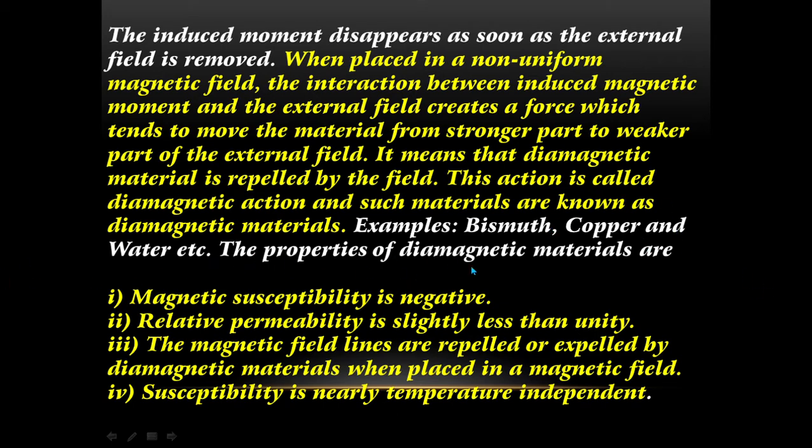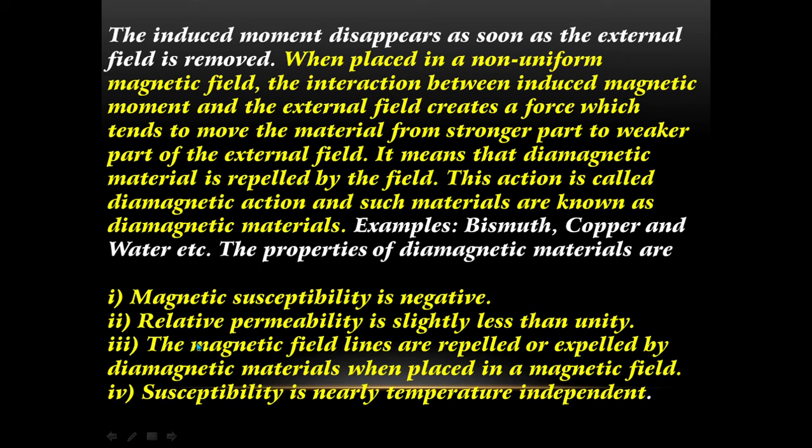What are the properties of diamagnetic materials? First property, magnetic susceptibility is negative. So note down these 4 points. Second point, relative permeability is slightly less than unity.